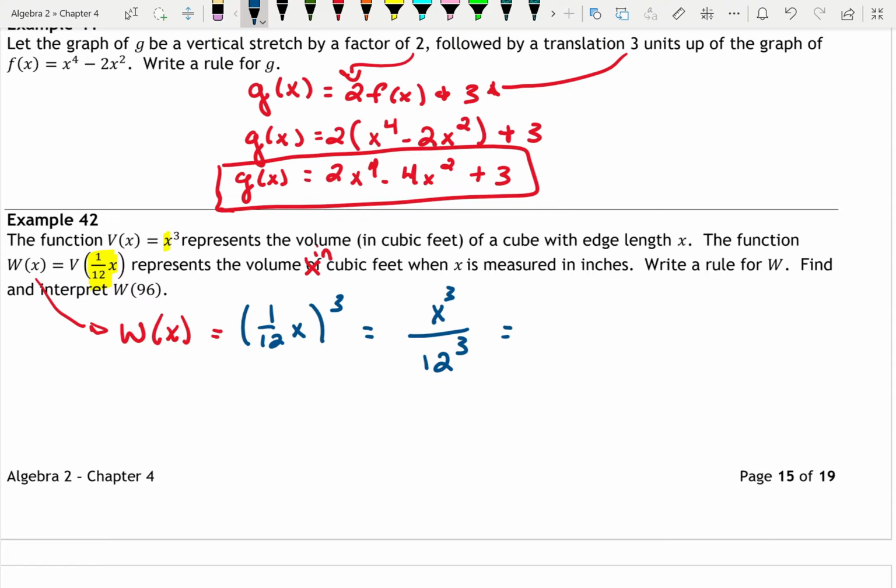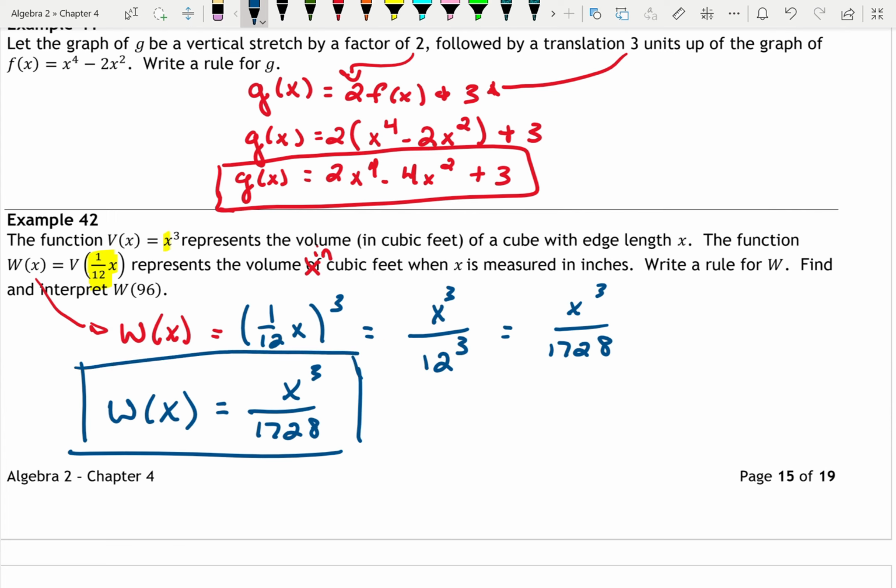I don't remember. 12 cubed is 1728. So this is x cubed over 1728. So w of x equals x cubed over 1728. All right, there is part of our answer. And remember, that function there allows us to input inches and get out cubic feet, whereas this plain old v of x has you input feet and you get out cubic feet.